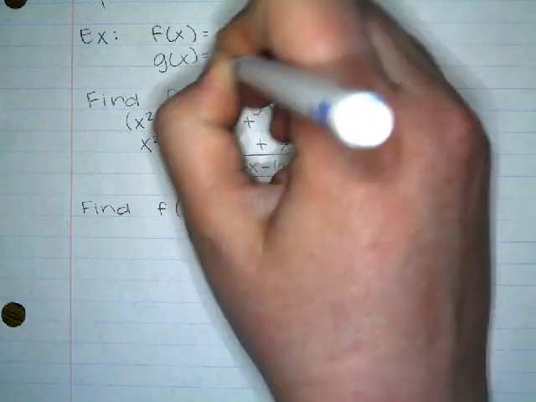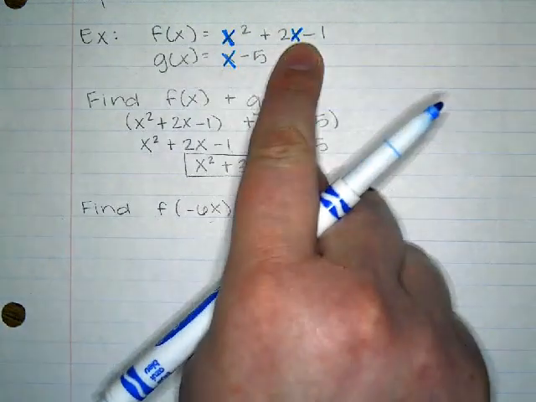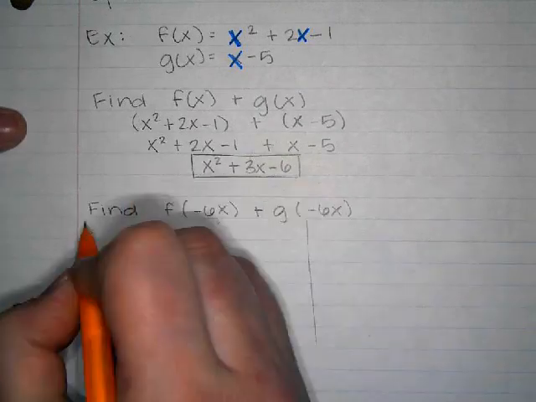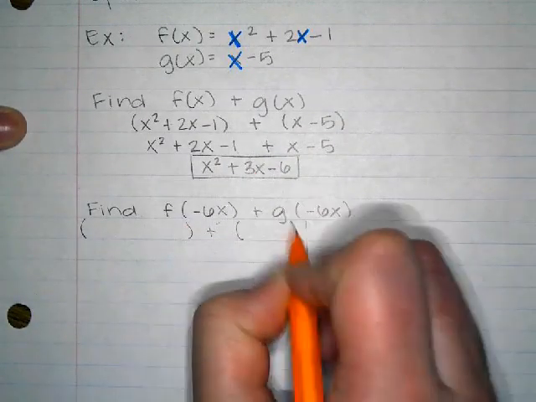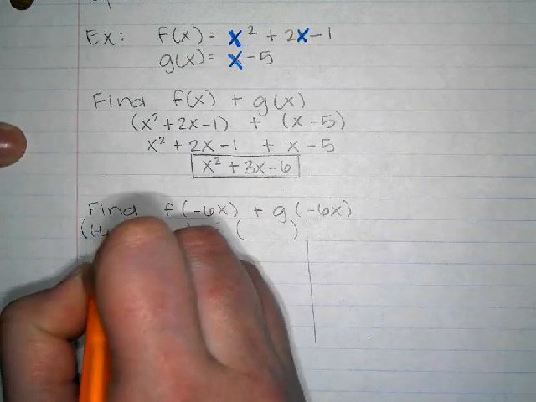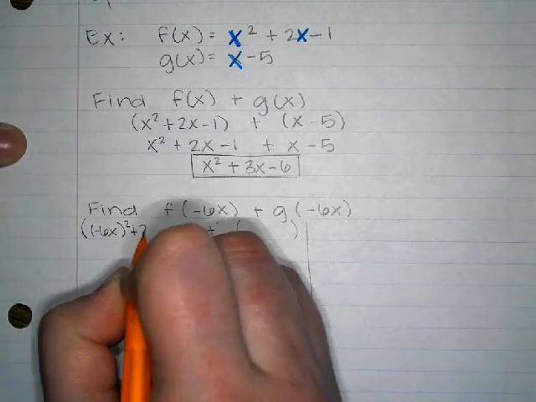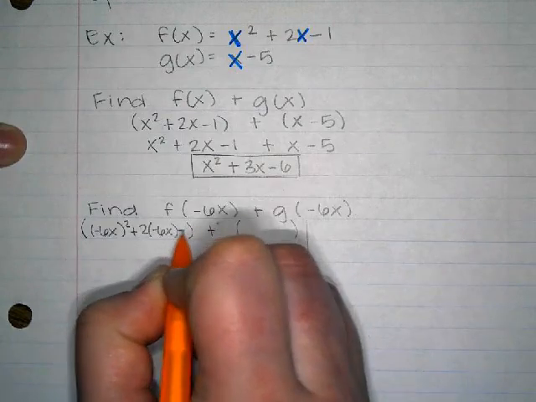So I'm going to be plugging negative 6x into 3 different places. So for f of x, I'm going to have f of x plus g of x, two different things. So I'm going to have negative 6x squared plus 2 times negative 6x minus 1.